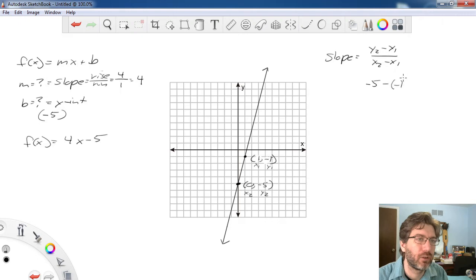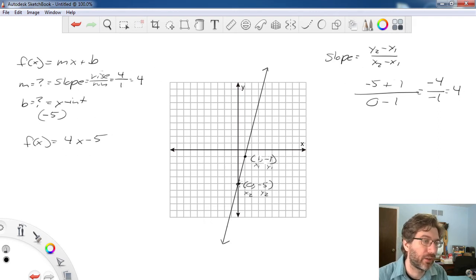Minus negative 1 all over x2, which is 0 minus 1, gives you a negative 4 on top. You recall this comes out to be a plus 1. Negative 5 plus 1 is negative 4, and this becomes a negative 1 on the bottom, which reduces down to a positive 4, so you get the same slope.